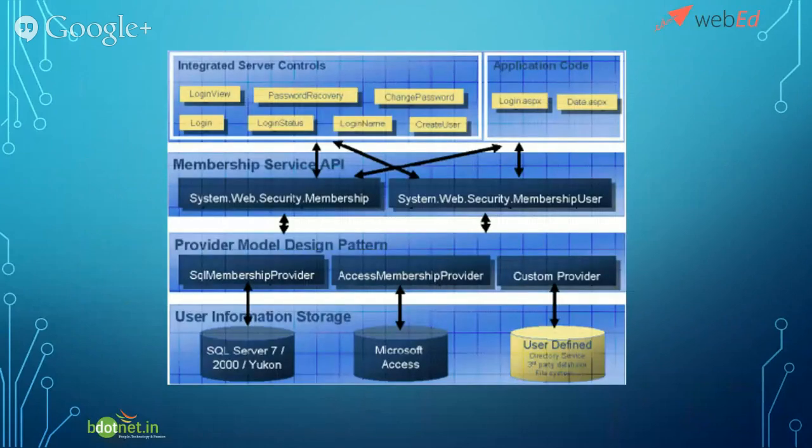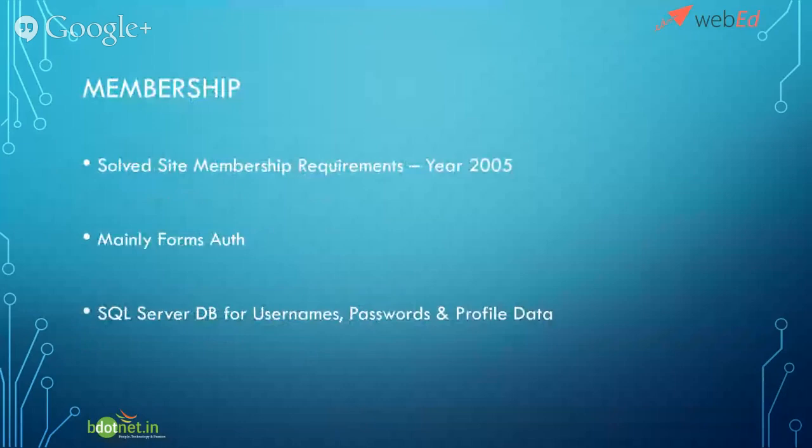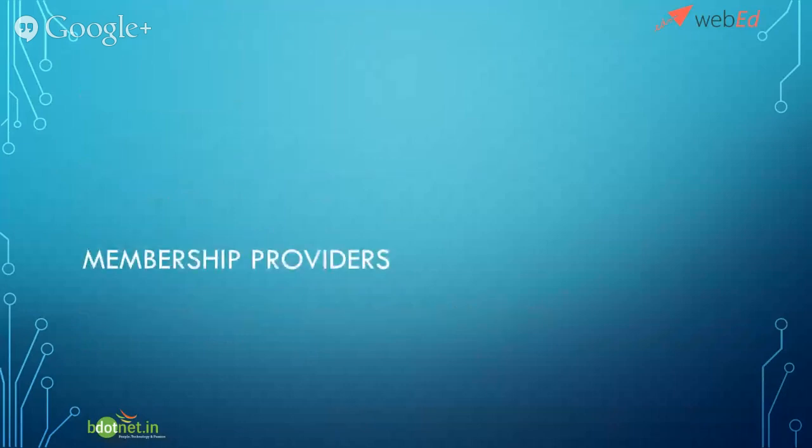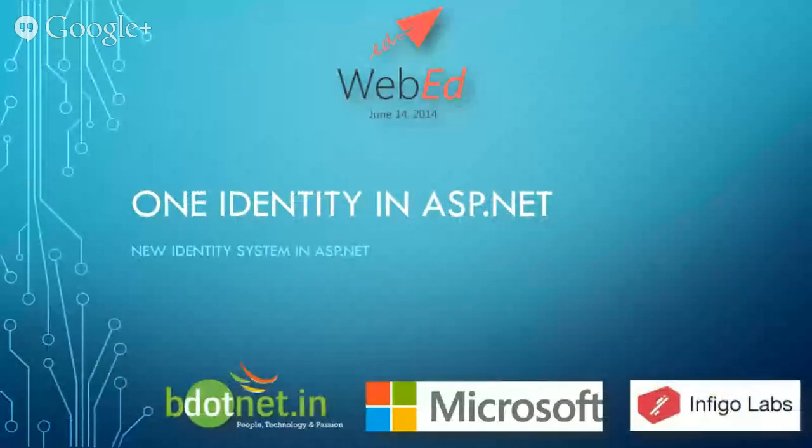ASP.NET is the new ASP.NET MVC 5 that is there. Starting from MVC 5, you start hearing about One ASP.NET. So I just coined it as One Identity in ASP.NET. So the terminology is One ASP.NET.